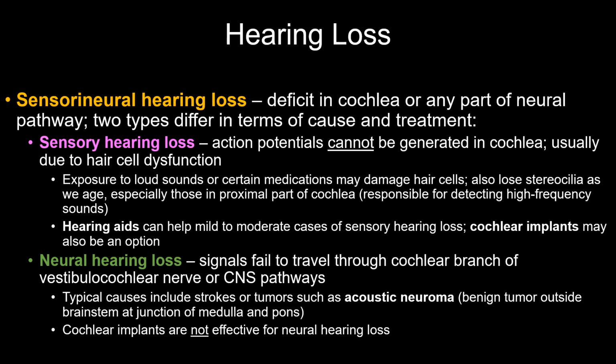Now, cochlear implants are not effective for neural hearing loss because it's not an issue of stimulating a cell. It's not the issue of generating an action potential. It's an issue of that action potential not being able to reach the areas it's supposed to.